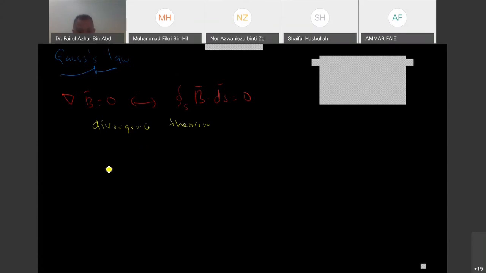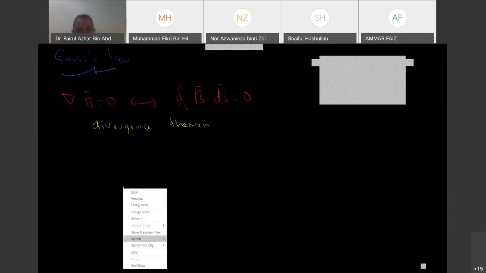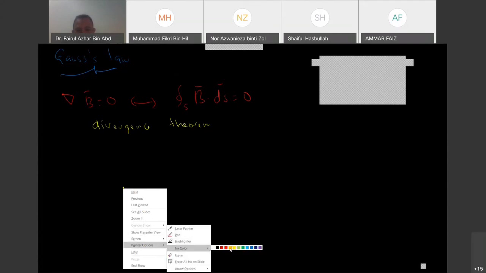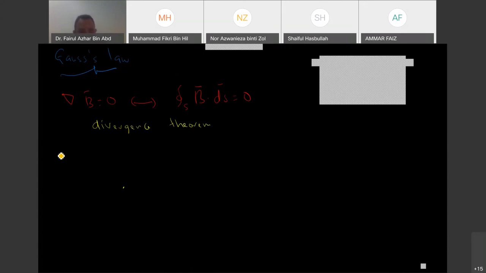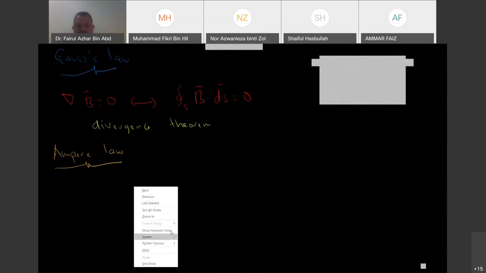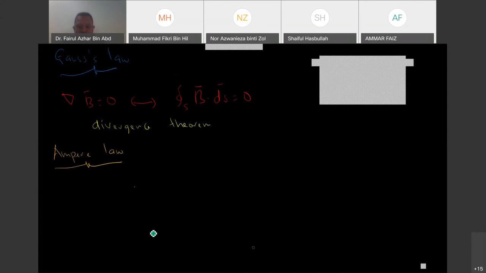So the last law that we will learn in this topic is what we call Ampere's law. In this law, we refer to the fourth Maxwell equation, del cross H is equal to J. This is the original equation as stated in Maxwell's equations.